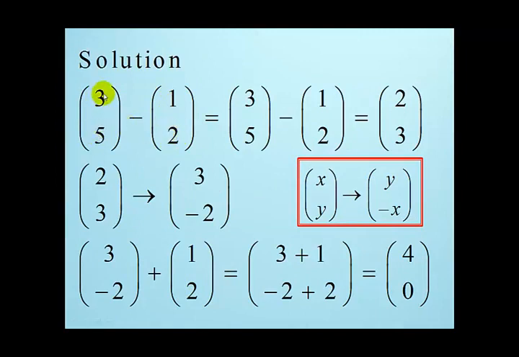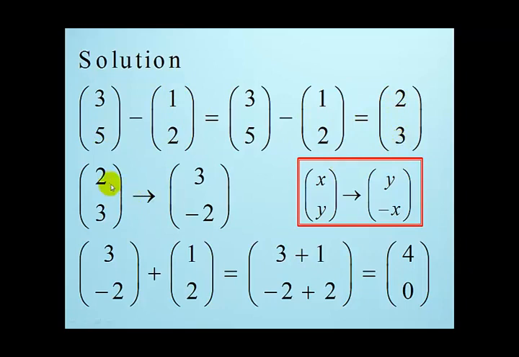So (3, 5) minus (1, 2): 3 minus 1 is equal to 2, and 5 minus 2 is equal to 3. That means that when you subtract the point (1, 2) from the coordinate of A, that is (3, 5), the result is (2, 3).